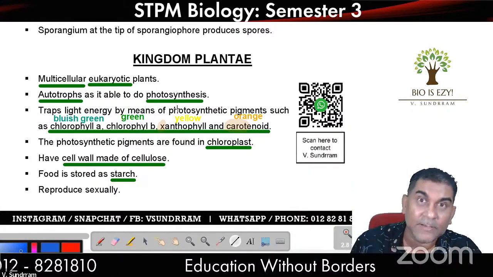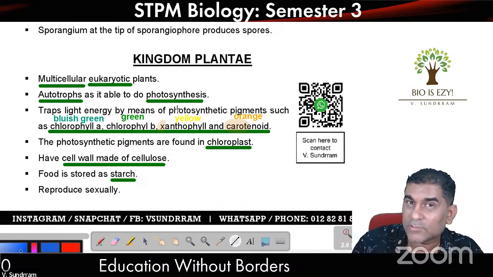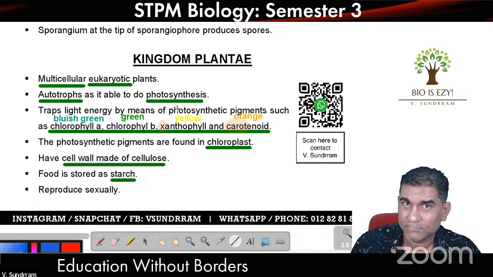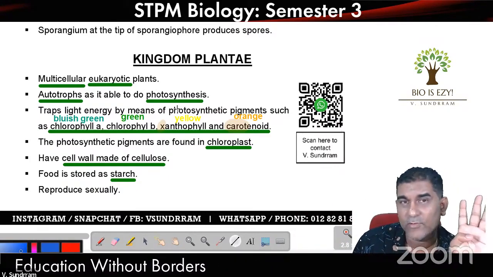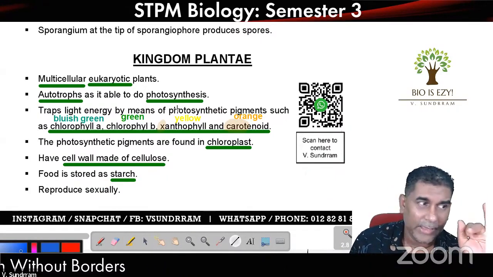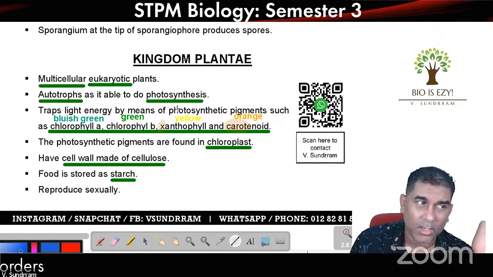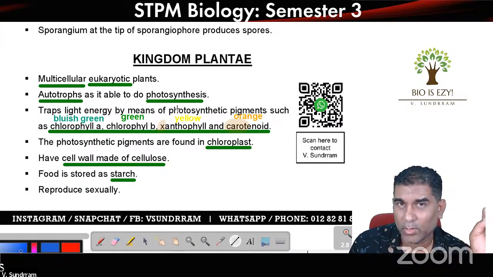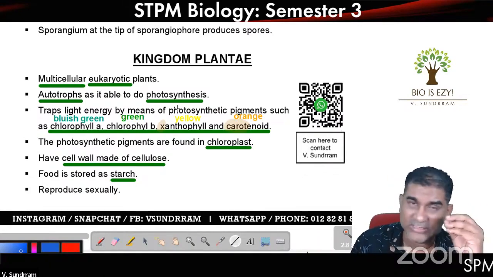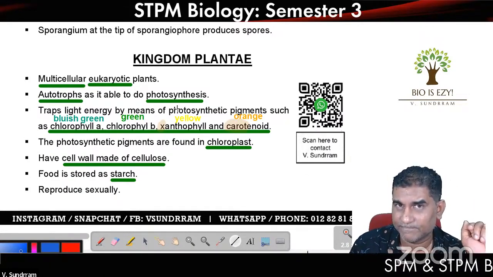You need minimum 10. So out of the minimum 10, these 5 or 6 points are all basic questions. Have or don't have nucleus, have or don't have tissue, have or don't have chloroplast, have or don't have cell wall, what type of food they store, can move or cannot move. These are basic questions that can give you your first 6 points.